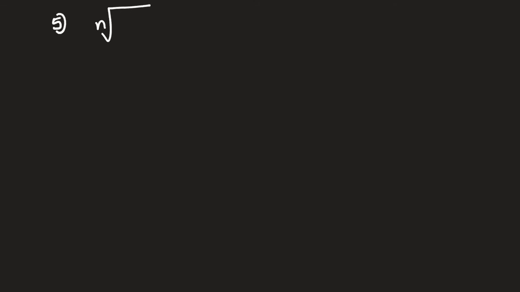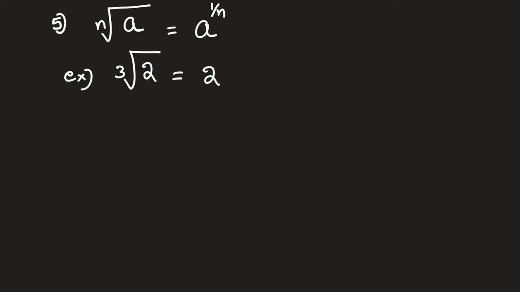Nth root of a is equal to a to the power 1 over n. For example, cube root of 2 can be written as an exponent 2 to the power 1 over 3. Another example, fifth root of 4 can be written as 4 to the power 1 over 5.